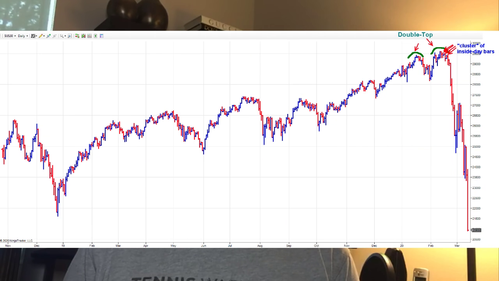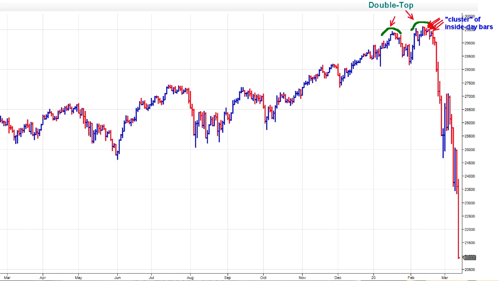I'm going to flash quickly a chart of the Dow Jones Industrials back in January, where there was a collection of inside day bars. There were 12 bars right at the top of a huge move in the Dow Jones, right at the 29,800 area. And it was coinciding with a double top.